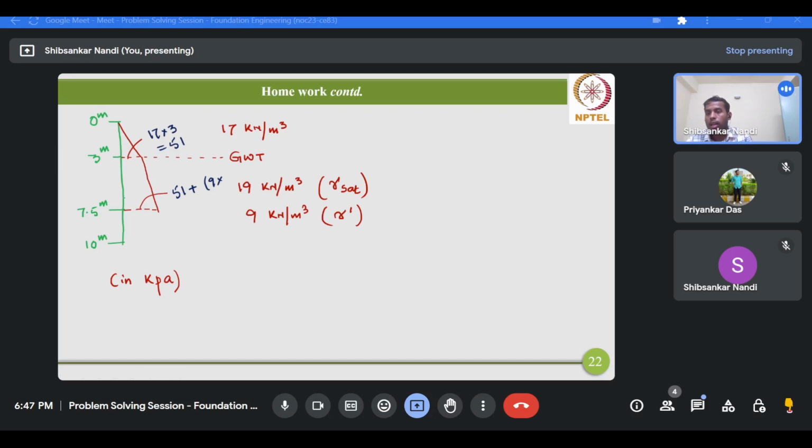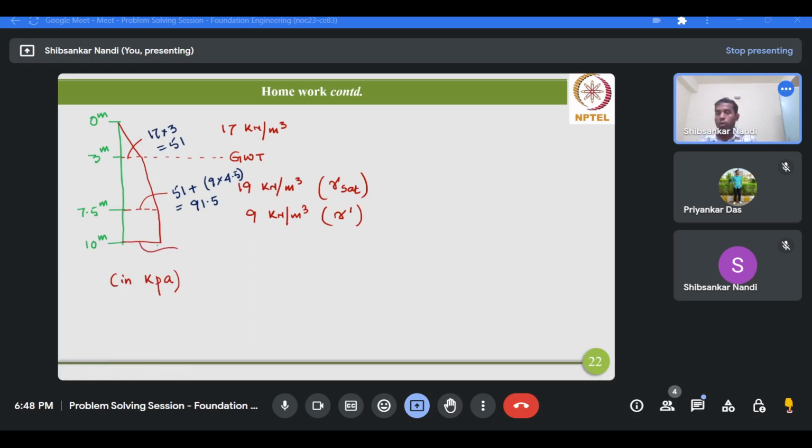This is the length between groundwater table and the critical length, that means 4.5. So 51 plus 9 into 4.5 gives 91.5. Now this 91.5 value will remain constant throughout the remaining length of the pile. So it will not increase anymore. This is the variation as per the critical length concept.